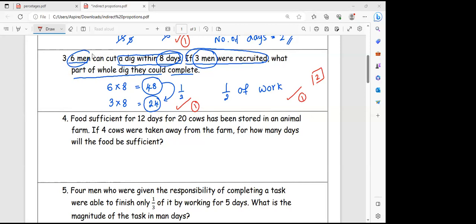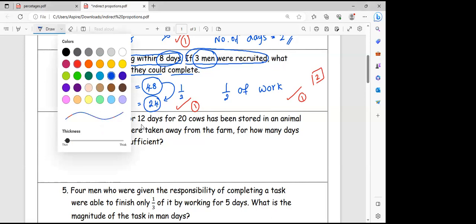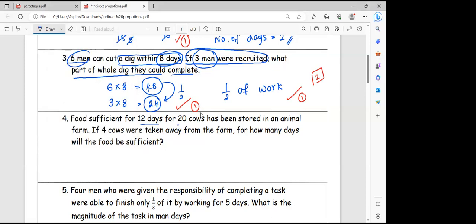To calculate this one, here you can identify when you multiply 12 days by 20 cows, it means the number of days that food is sufficient for a particular one cow. එක හරකෙක්ට දවස් කීයකට මේ ආහාර ප්‍රමාණය ප්‍රමාණවත්ද කියන එක තමයි පුතේ අපි මේක multiply කරාම එන්නේ.